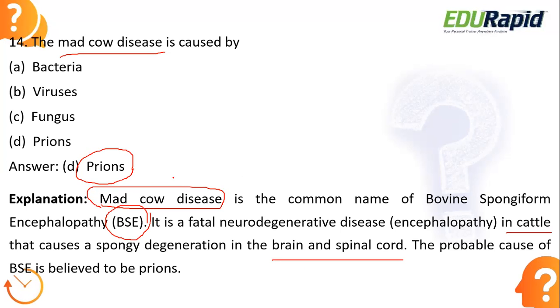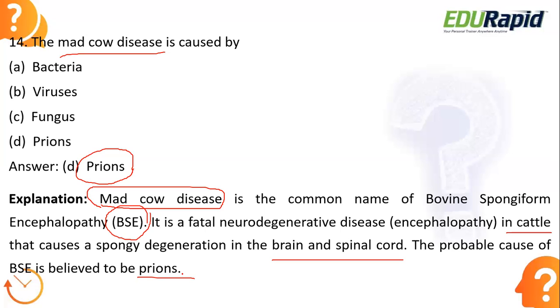The probable cause of this is prions. Prions are misfolded proteins that can transfer their modified shape onto the normal variants, which can result in modified structure. That is what we call prions, and that can lead to a disease called mad cow disease.